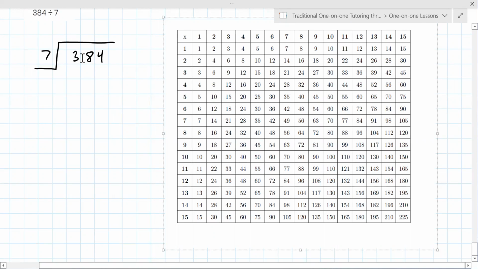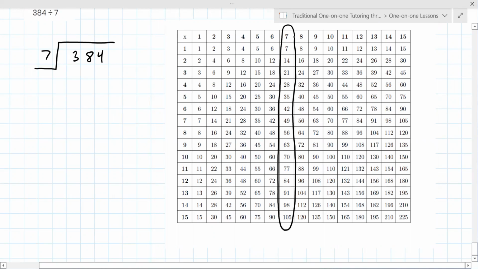None. So now let's look at 38. So you go to your 7 column and you find 38. Is 38 on there somewhere? No. Nope, but which two numbers is it between? 4 and 5. 35 and 42. So it's 5. What is 5 times 7?